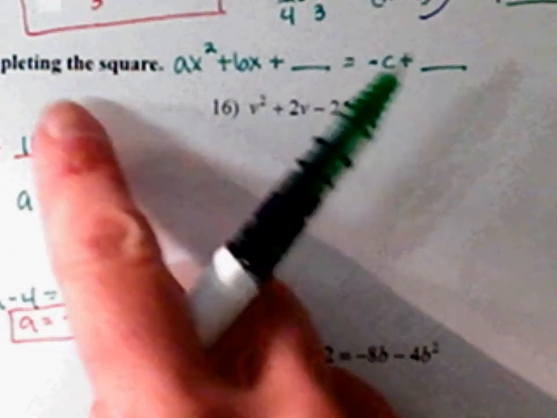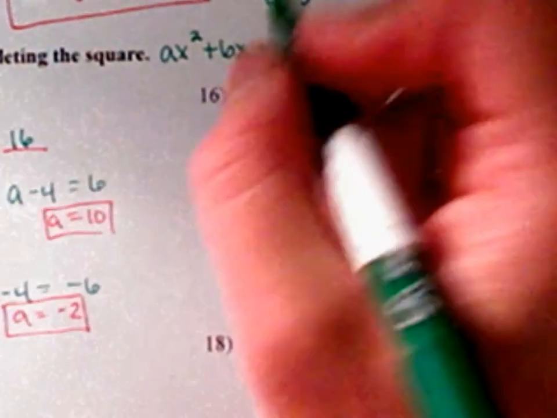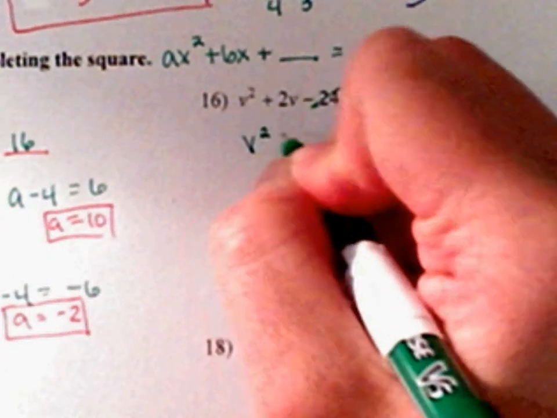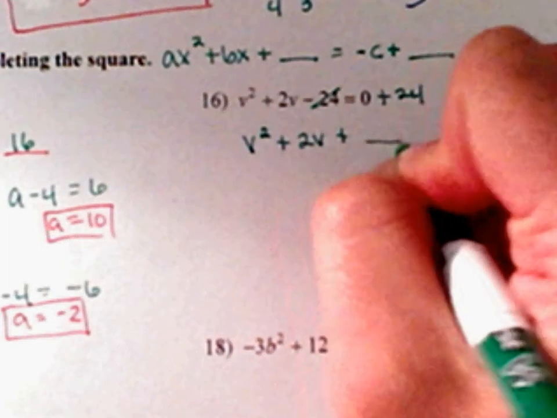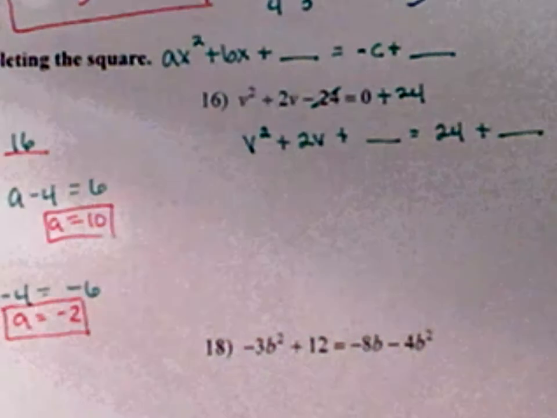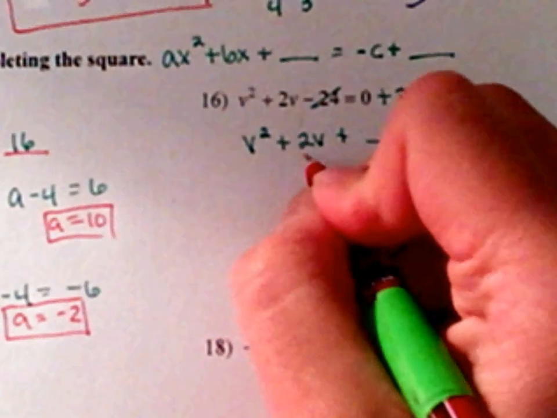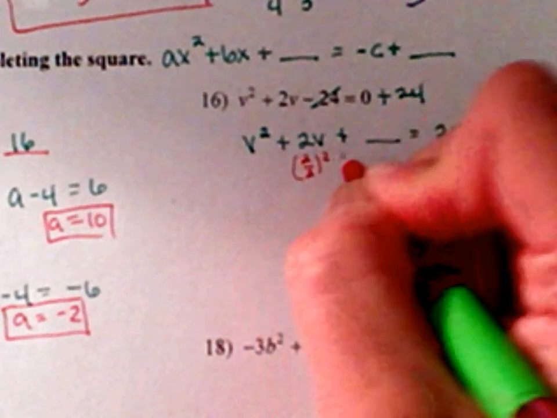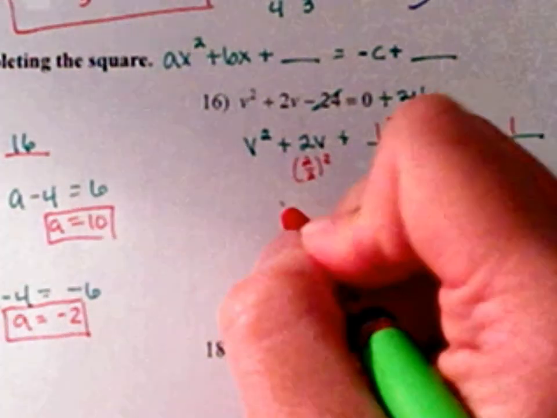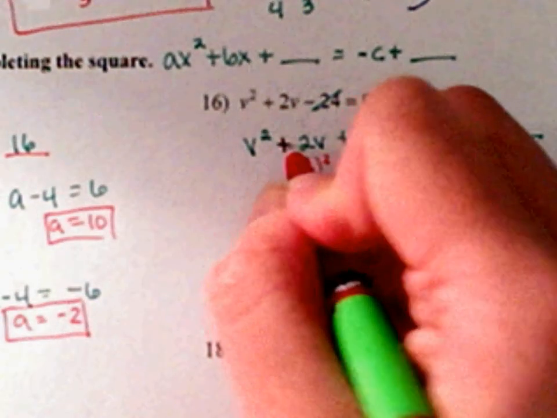All right, so I'm going to move 24 over. So I got v squared plus 2v plus a blank is equal to 24 plus a blank. So 2 divided by 2 leaves you 1. So 1 squared is the same as 1. Rewrite it. V, see how that's a plus? Plus 1 squared is equal to 25.